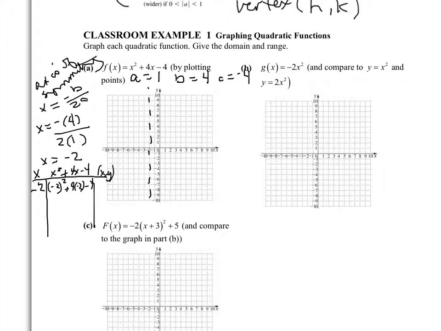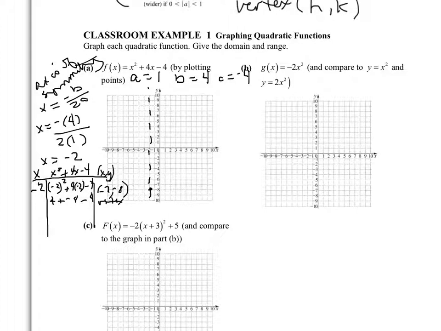Well, cleaning up, -2 squared becomes +4, plus 4 times -2 is a -8, minus 4 at the end. That tells me my vertex occurs at -2, -8. So when I go to my graph, -2, -8 is where the vertex is. And I'll put that point there.